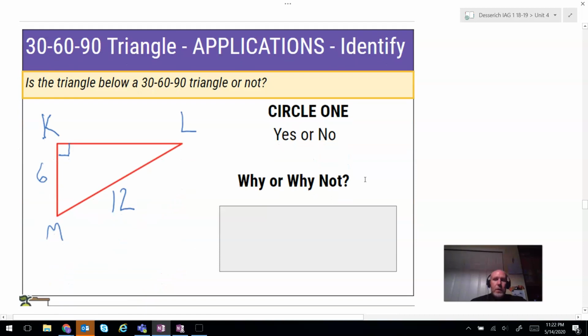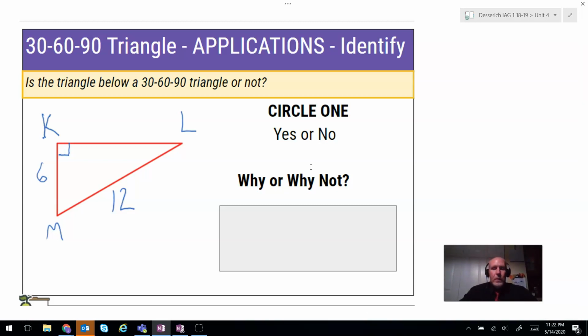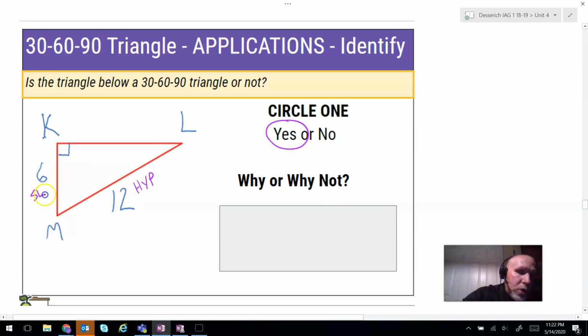Let's look at this one. Is this a 30, 60, 90 triangle? Yes or no? Why or why not? What do you think? I say yes, it is, because when you look at it, our hypotenuse of 12 is twice the short leg of 6.